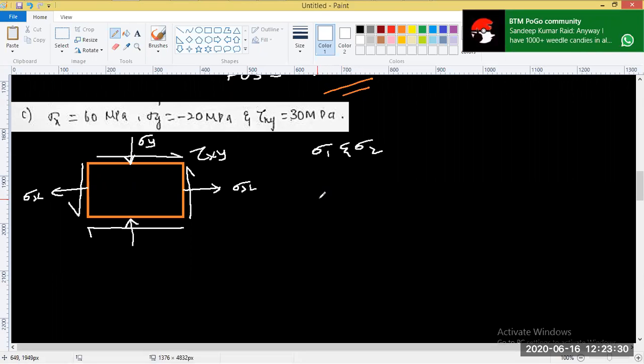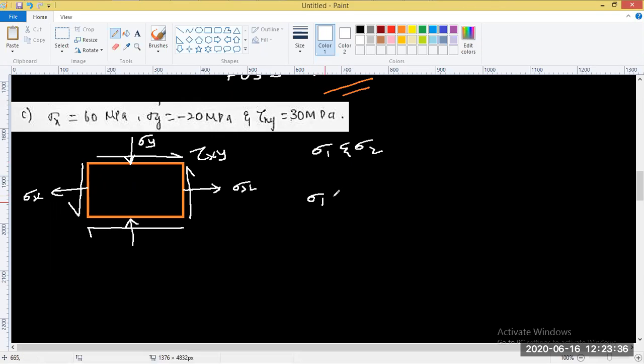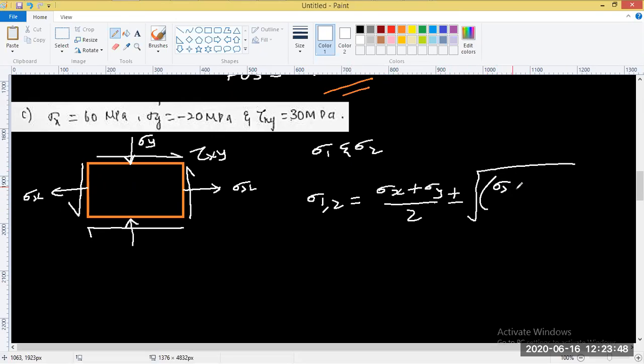So let's do that. Sigma 1, how do we get? Sigma 1 comma 2, we already defined this many times. It is sigma x plus sigma y by 2 plus or minus under the root sigma x minus sigma y by 2 the whole squared plus tau xy squared.